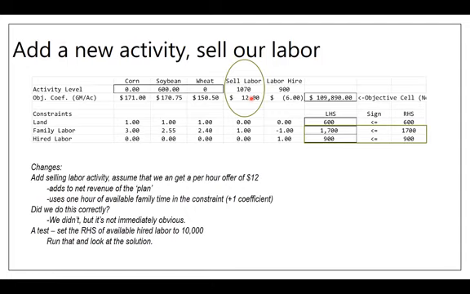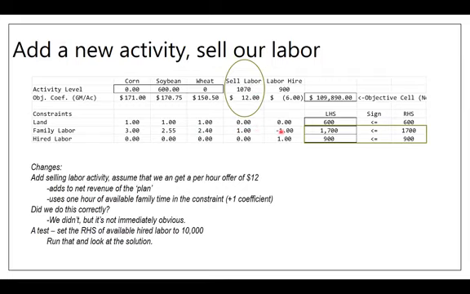How do we put it in? Well, the same way that corn, soybean, and wheat use up family labor, selling labor to the market would use it up, right? So we put in a positive coefficient of 1 here to say that, okay, if you're going to be using up 1,700 hours, you use 3 every time you plant corn and harvest and sell, 240. Every time you sell an hour to the market here, you're going to use up 1 hour.